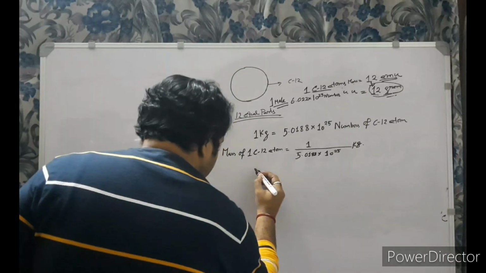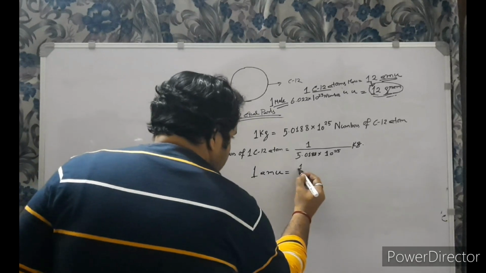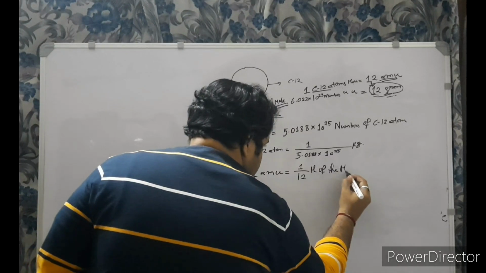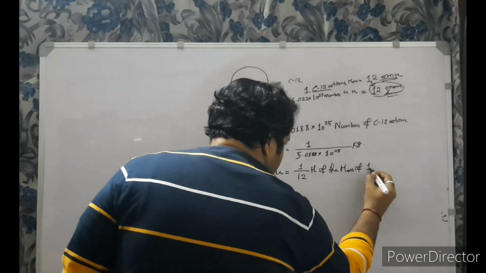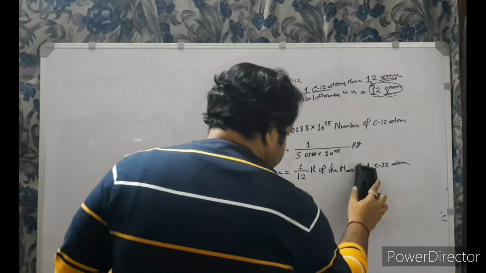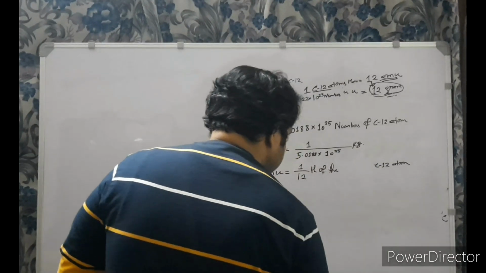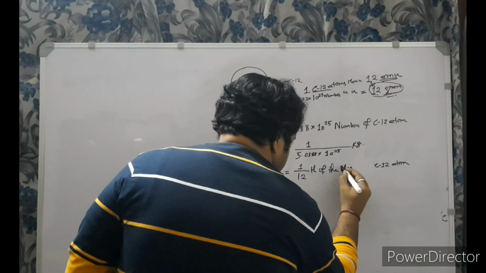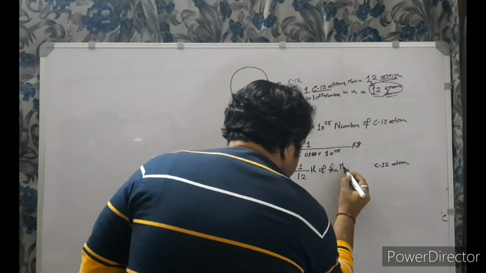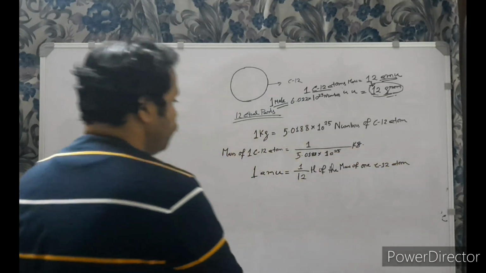Because we know that 1 AMU is equal to 1/12 of the mass of one C12 atom.